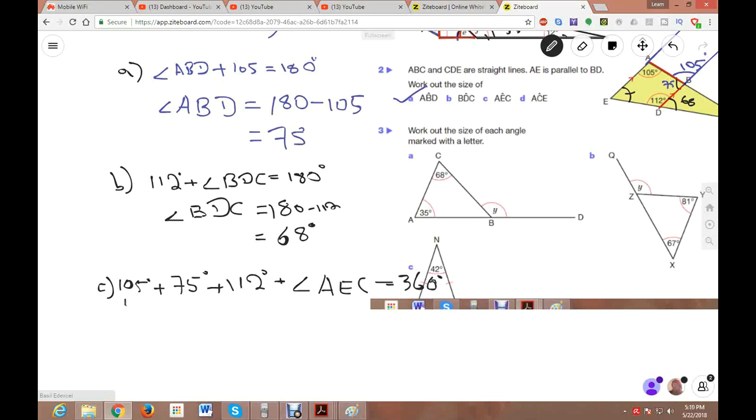Just subtract these three numbers from your 360 to get the value of your AEC.